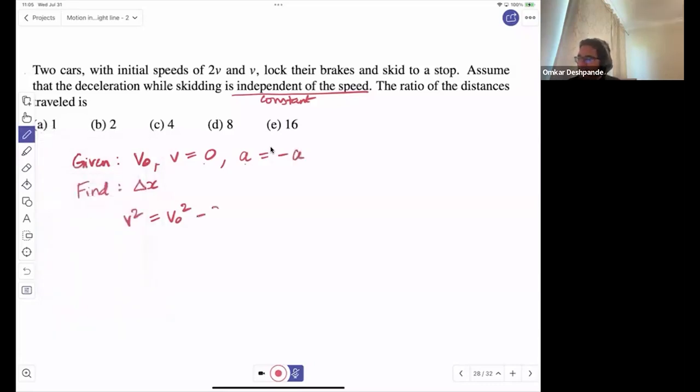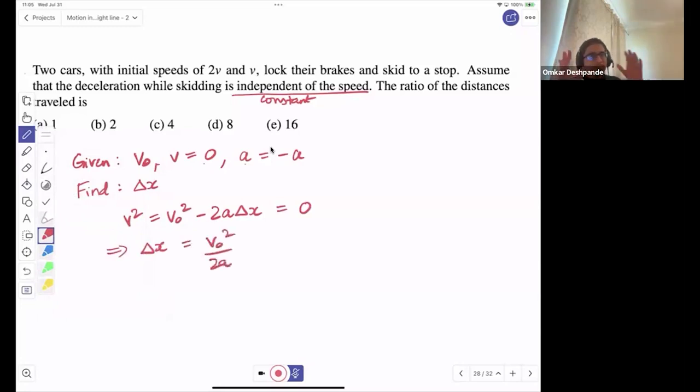So it's going to be plus twice a times delta x, but instead of plus, I'm going to put a minus here, and delta x is the same, but v square is given to be 0. So the skidding distance delta x is going to be v0 square by 2a.